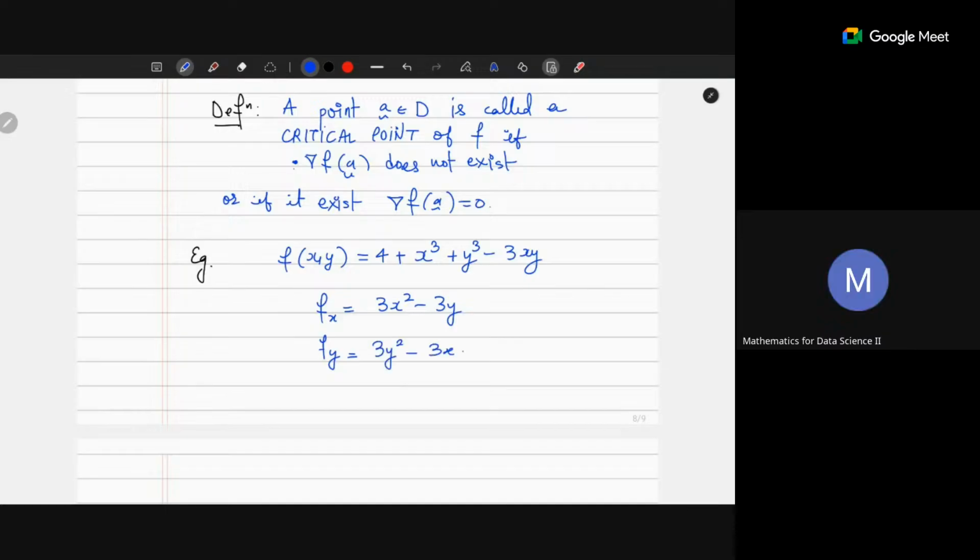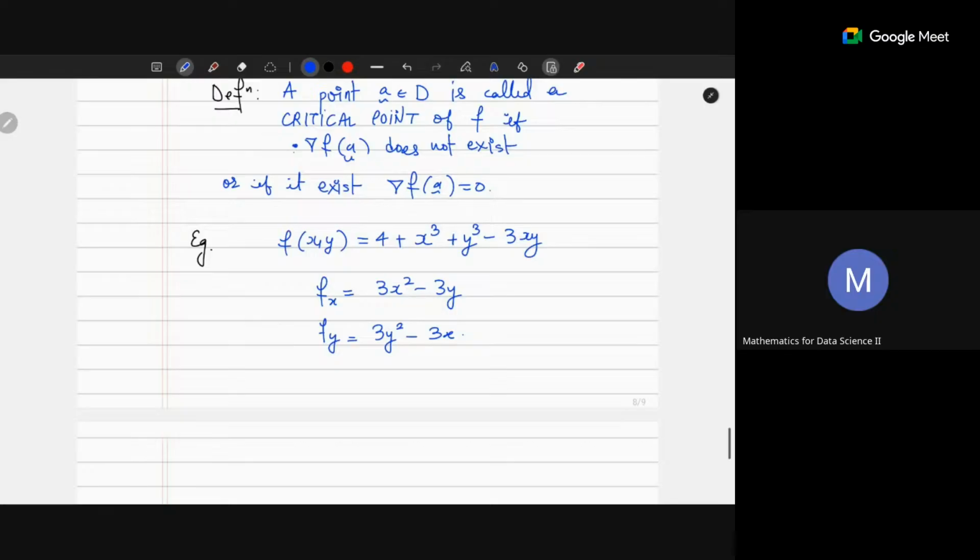Correct. So now, in order to find the critical points, I need to use this condition, because the gradient exists, so I need to set it equal to 0. All right. So let's do that. fx equal to 0 and fy equal to 0. This would imply that x square is equal to y and y square is equal to x.